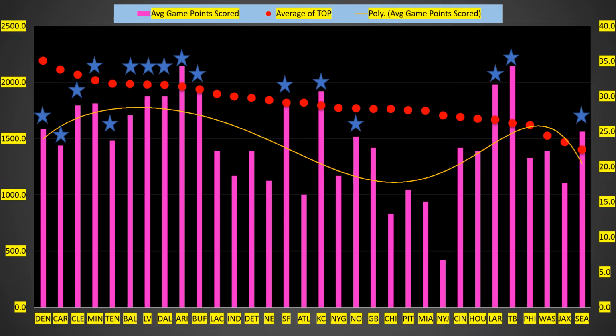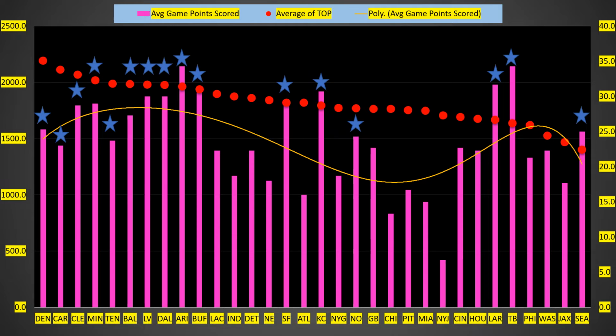So there's probably some deeper understanding here, especially these exceptions, and I've highlighted with the blue star these teams. What are they able to do to get around what seems to be the rule of thumb? In other words, they're scoring points even though they're not a dominating time of offense. So Seattle is really doing well.